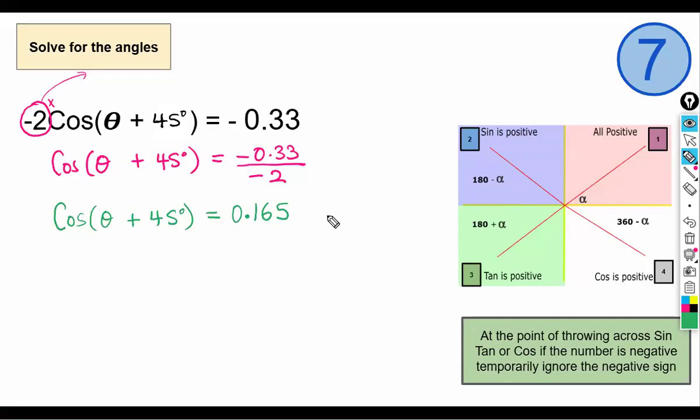Now, who do we throw across? Well, we have no choice but to throw across the cosine now. So when you throw across the cosine, when he goes to the other side, you get what?